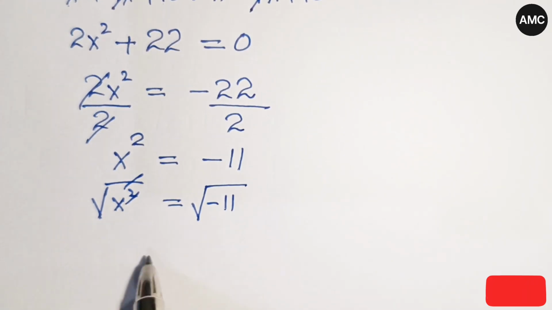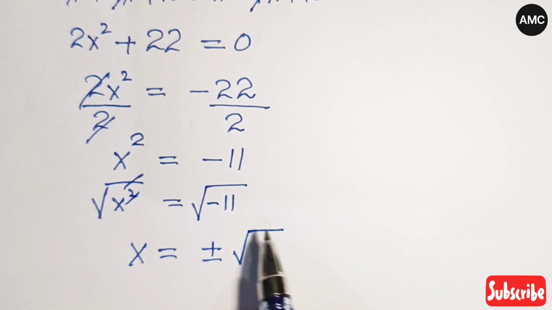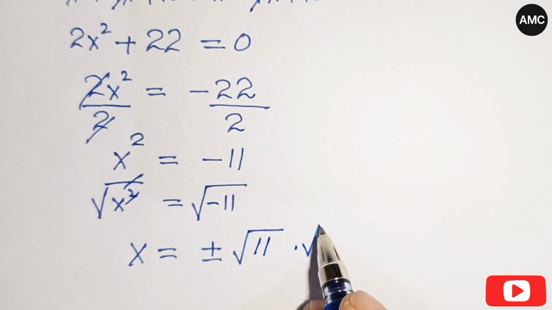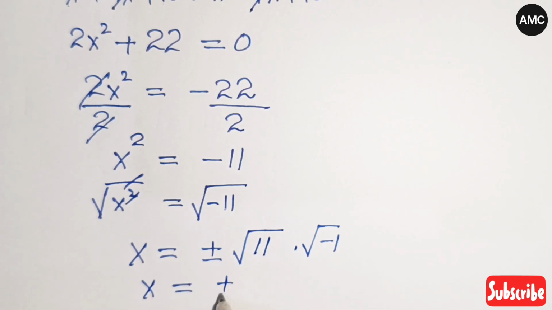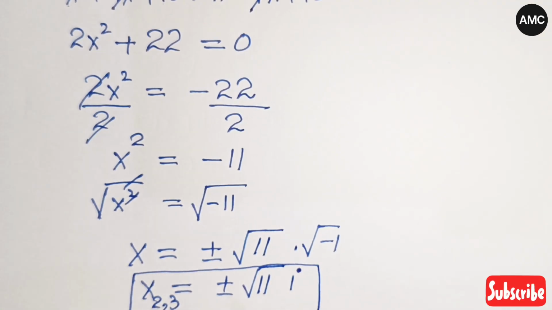We have two values of x, which is x is equal to plus minus square root of minus 11, which can also be written as square root of 11 times square root of minus 1. So here we have x is equal to plus minus square root of 11 and square root of minus 1 is equal to i. So we have x2 and x3. The value of x2 and x3 is plus minus square root of 11i.